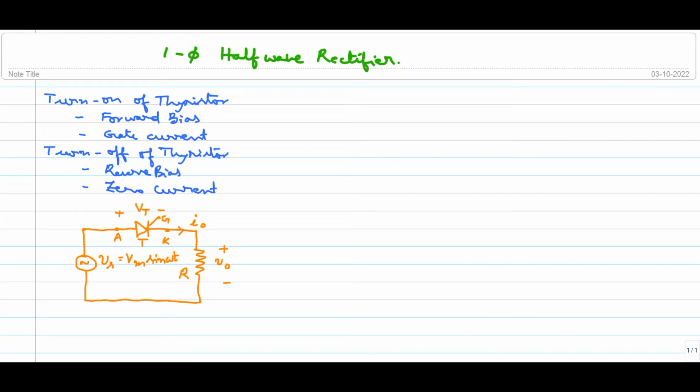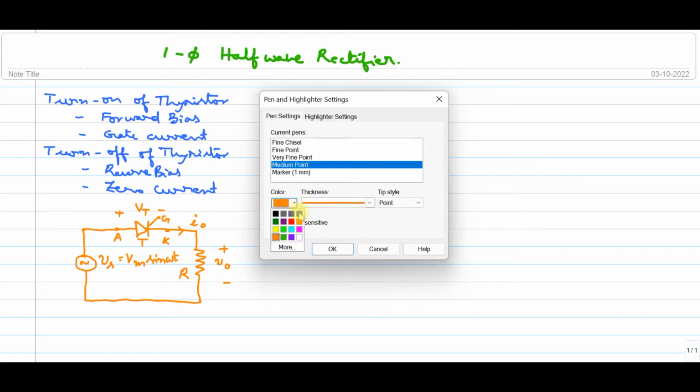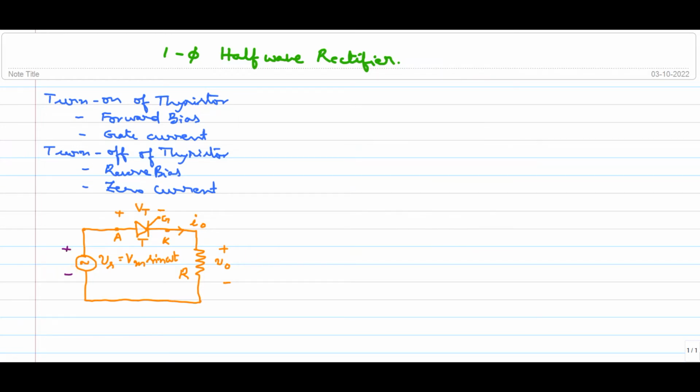Here, only three things are very much important. One is the voltage source, second is the thyristor and third is the load, a resistive load. I am using only a resistive load for our basic understanding. I am explaining this circuit diagram to draw the waveforms.